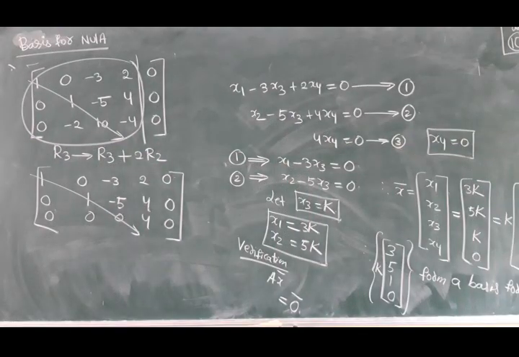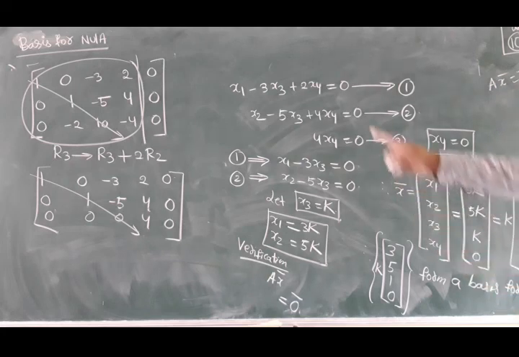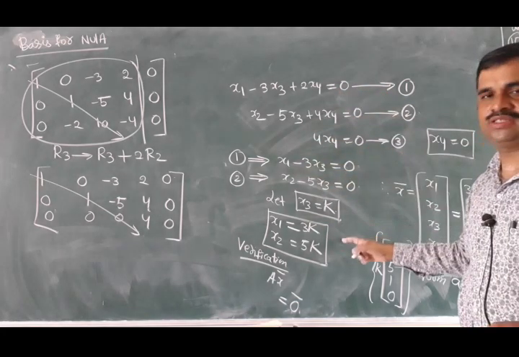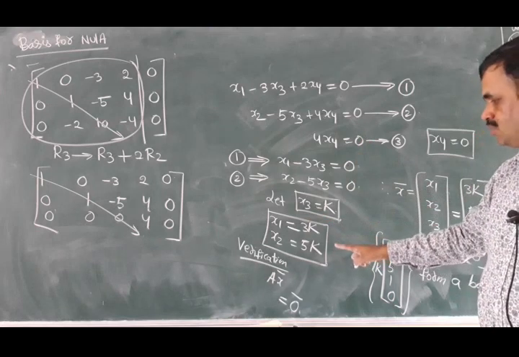So it is a very simple method to find a basis for null A. Simply consider A x bar equal to 0 bar. Consider the augmented matrix for A and 0 bar and solve it with the help of echelon form. You will get the equations and the solution.